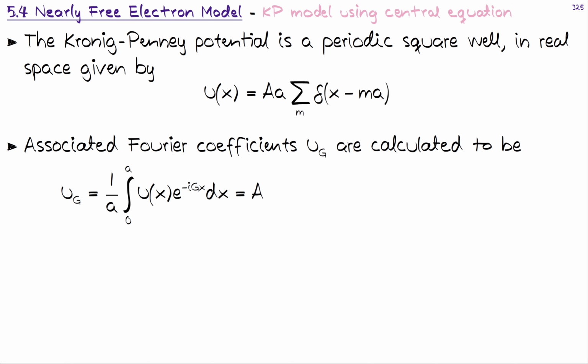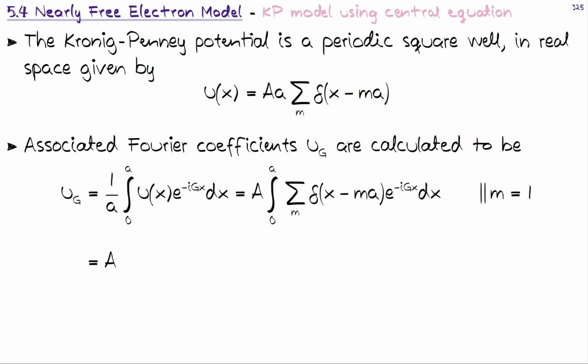Now we can plug in the above form for u, and we have the capital A, which we can take out of the integral. The a's vanish, since 1 over a times the a cancels, and we are left with the summation over m of the Dirac delta functions and the exponent e^(-igx). We could integrate over any unit cell, but for simplicity we integrate from 0 to a, so we can force the integer m to be 1, and only need to consider that single well in that single lattice unit cell.